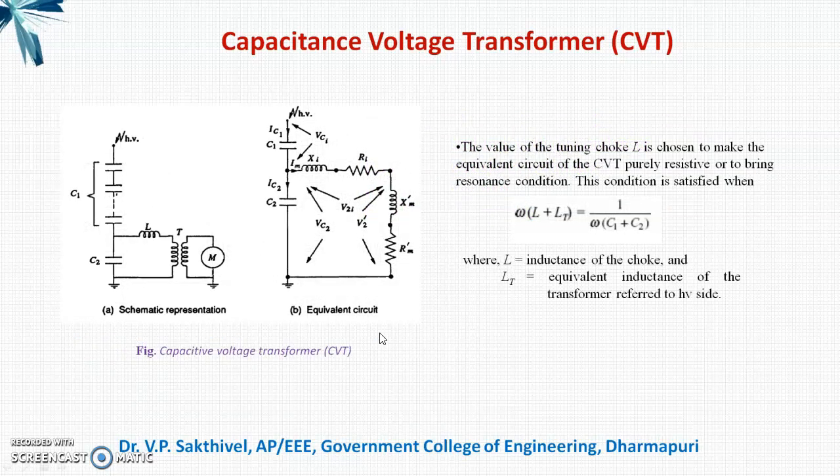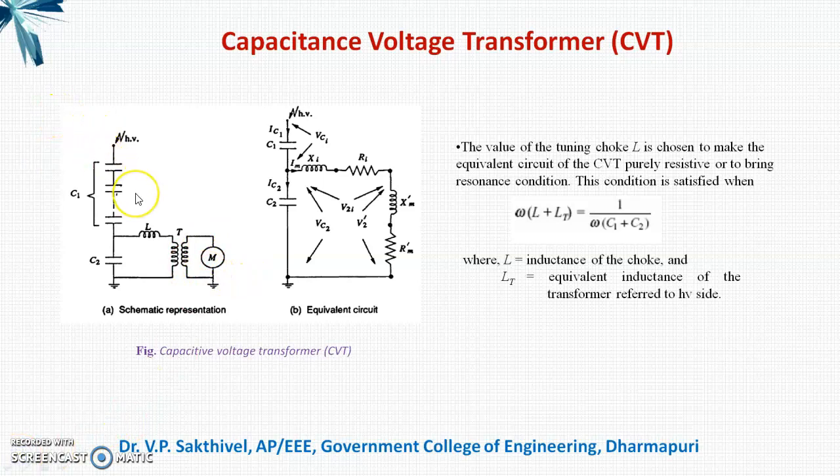Next one, capacitance voltage transformer. Here, the capacitance voltage transformer is also similar to the previous one. In addition, here we have a choke and an isolating transformer, that is, the CVT consists of a capacitance potential divider as well as a choke, isolation transformer and meters.